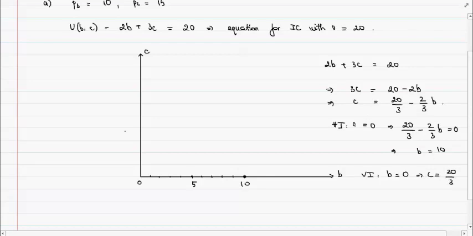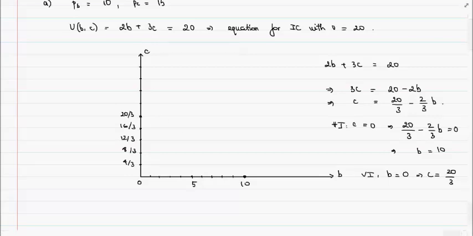So 20 on 3, going in steps of 4 over 3: 4, 8, 12, 16 and 20 on 3 is somewhere here.